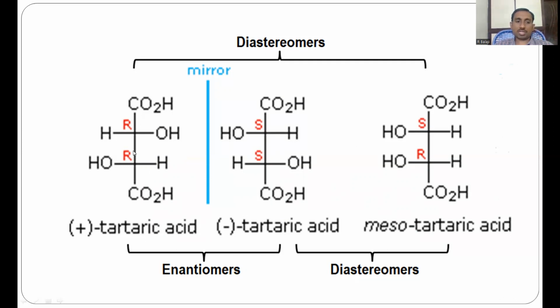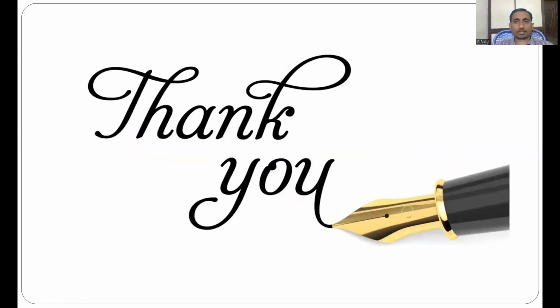And already discussed, D-tartaric acid with meso-tartaric acid and L-tartaric acid with meso-tartaric acid have a diastereomeric relationship. This concept of diastereomers and enantiomers, as well as geometrical, chain, position and conformational isomerism, is very useful for the medicinal, biological and pharmaceutical industry. Thank you.